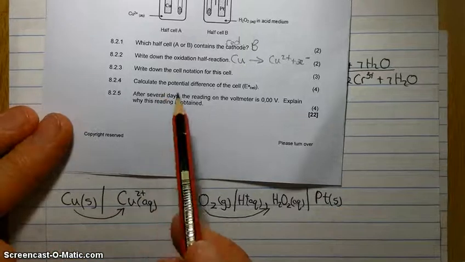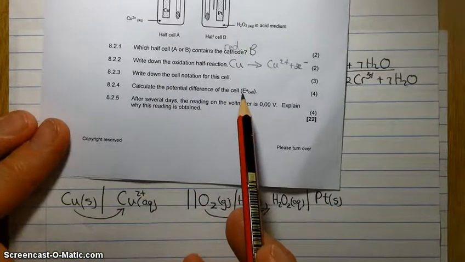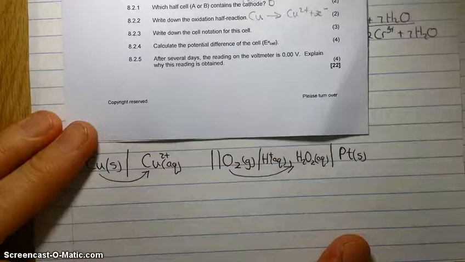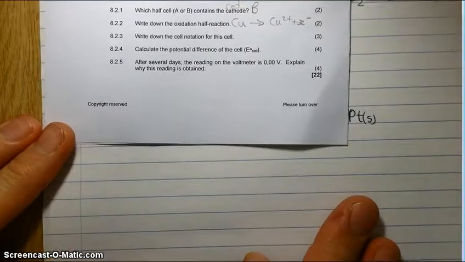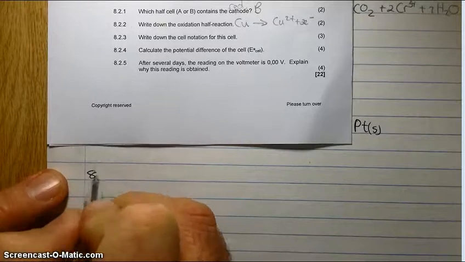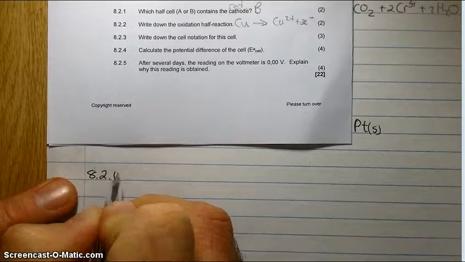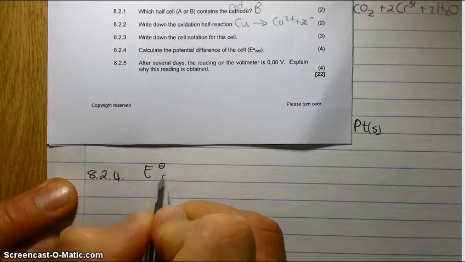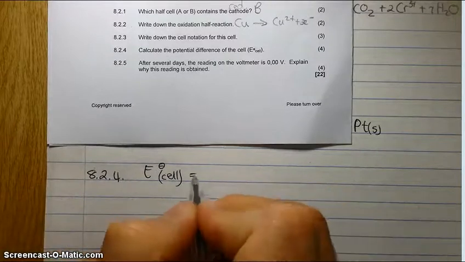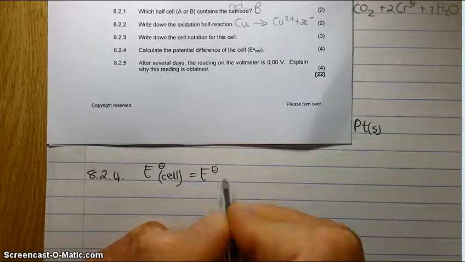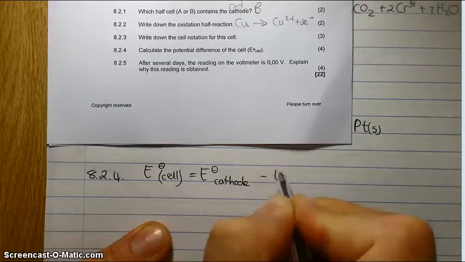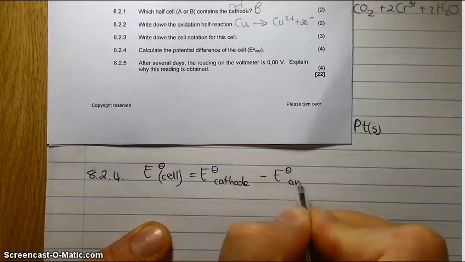The next question, calculate the potential difference of the cell, the E cell value. Okay, so that will be 8.2.4, the E cell, and please copy this formula exactly like it is on the formula sheet: E cell equals the E cell at the cathode minus the E cell at the anode.